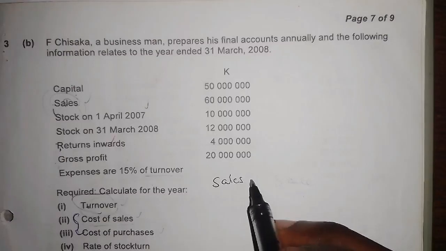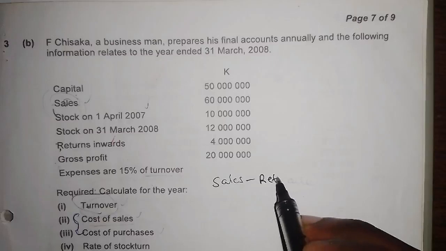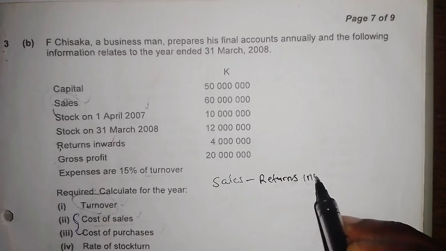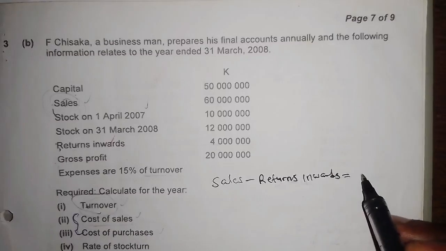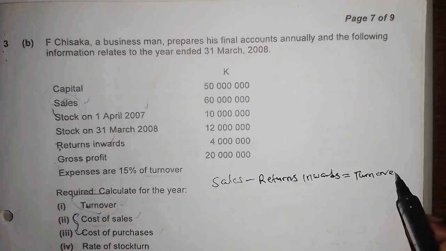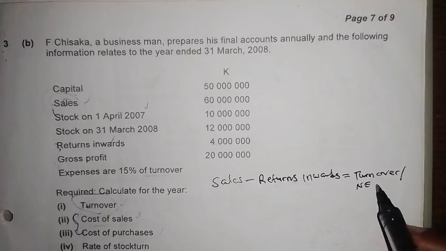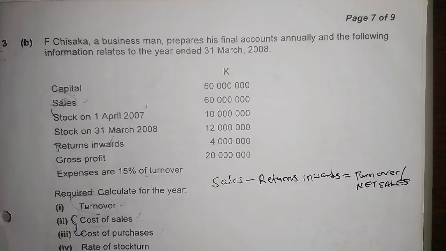So if you have sales minus returns inward, it will give you what is called turnover, or sometimes this is just called net sales.